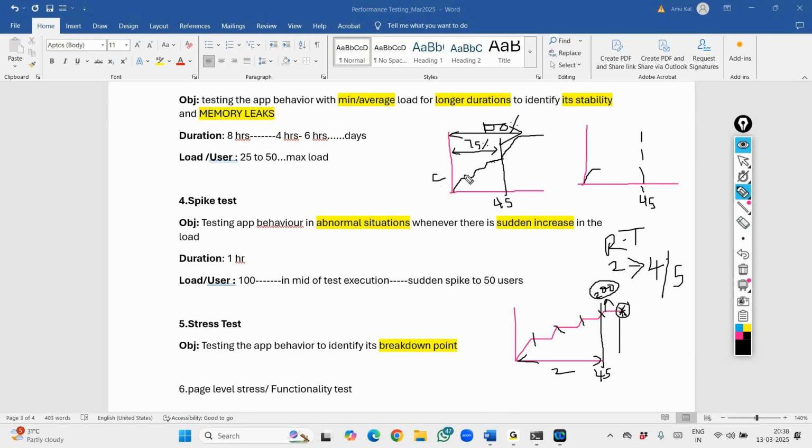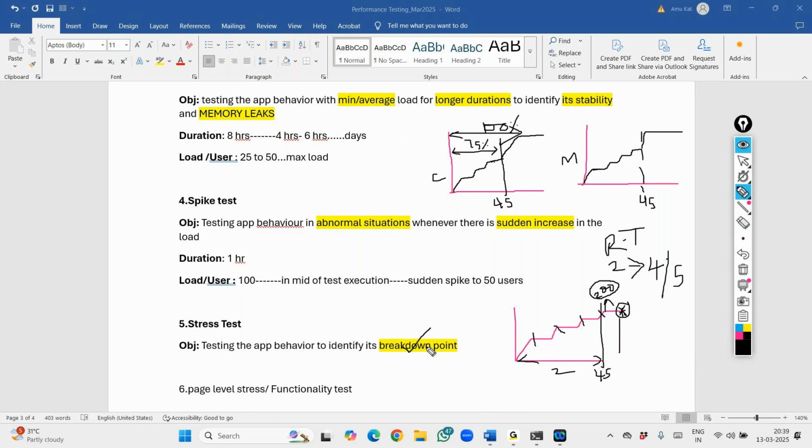This is CPU and this is your memory. After 45 minutes, whenever it reached 200 users, memory spiked and maintained 100% in its graph. So the point at which your application is not responding and has completely collapsed, where you see a sudden spike and your CPU reached 100% and your memory reached 100%, that is nothing but the breakdown point.